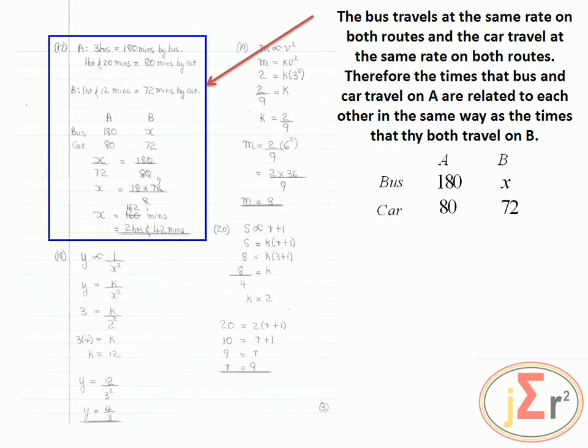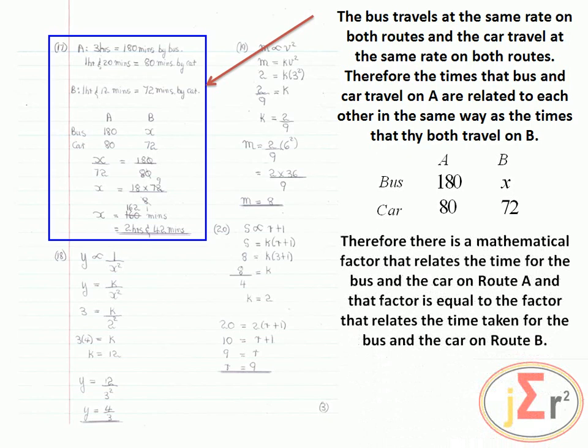Therefore, the times that the bus and the car travel on A are related to each other in the same way as the times that they both travel on B. Therefore, there is a mathematical factor that relates the time of the bus and the car on Route A, and that factor is equal to the factor that relates the time taken for the bus and the car on Route B.